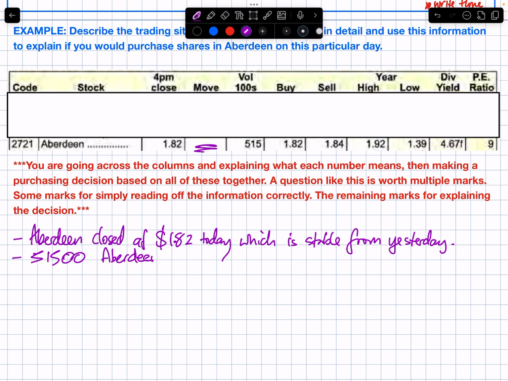Aberdeen shares were traded, showing some interest.